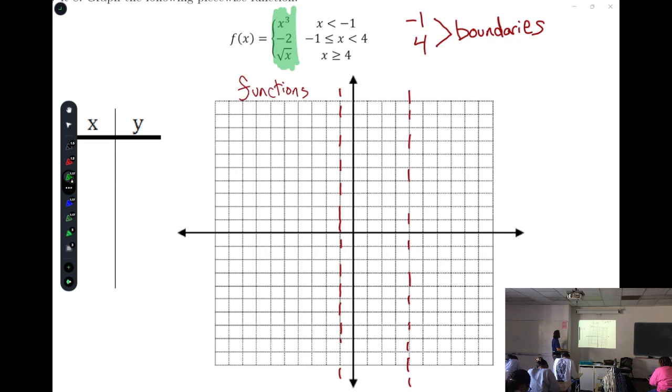Me too. And does that look like it's in the middle, or the front, or the back? But just based on the formula and the numbers there, we're looking at it. And I'm thinking -2 looks like it's in the middle, right? So I'm going to the middle chunk, and I'm just drawing a line at -2. And then I'm using the skills that we learned today to know which one gets a closed circle and which one gets an open circle.